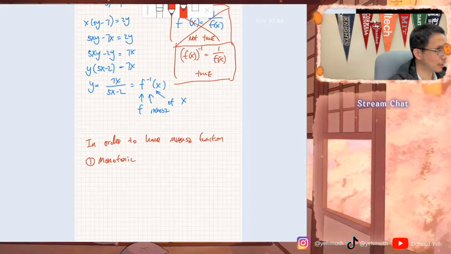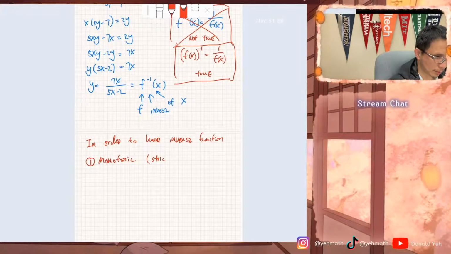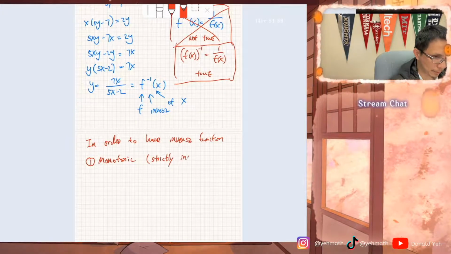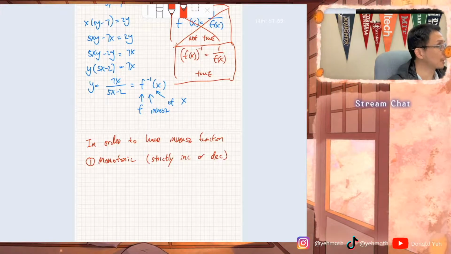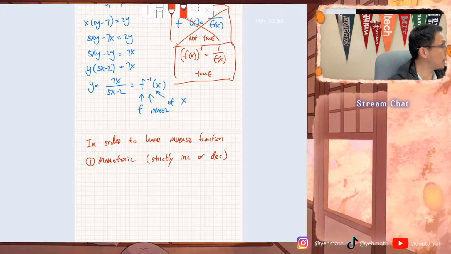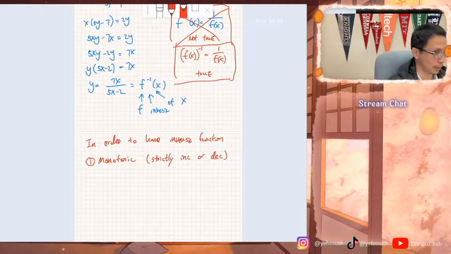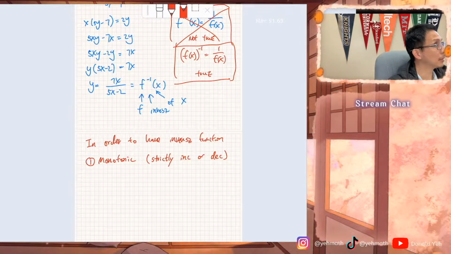Did we mention this before? I think I did. You guys don't remember it. Strictly increasing or decreasing. So the function has to keep on going up. It cannot go up and come back down. It cannot be like a parabola. A parabola is not monotonic because it goes down and up.